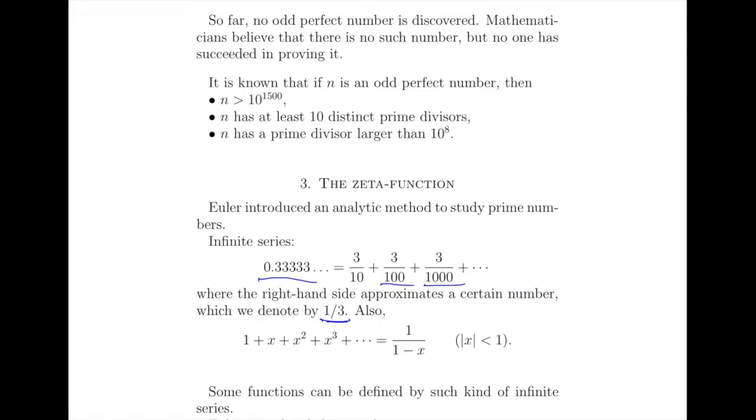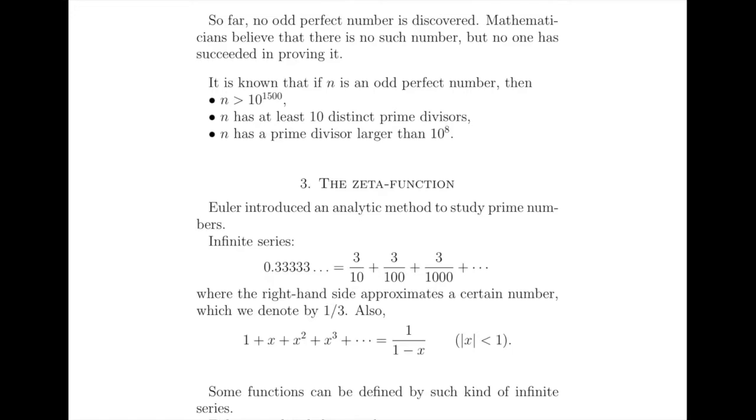Similarly, if the absolute value of x is less than 1, then this infinite series 1 plus x plus x squared plus x cubed and so on converges to 1 over 1 minus x.